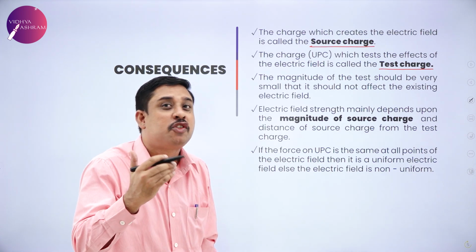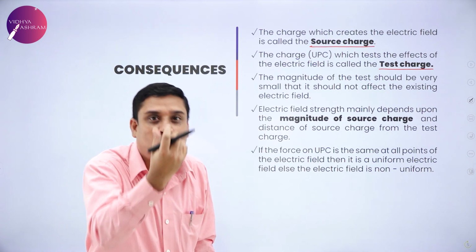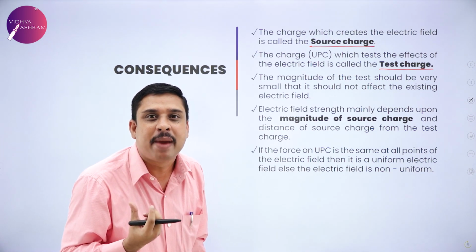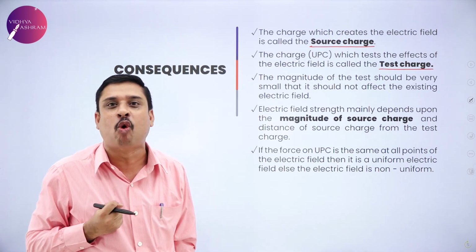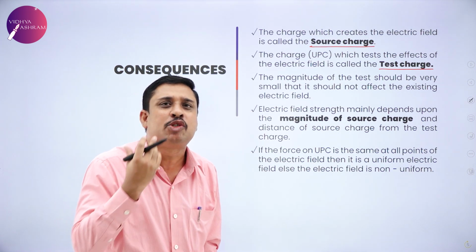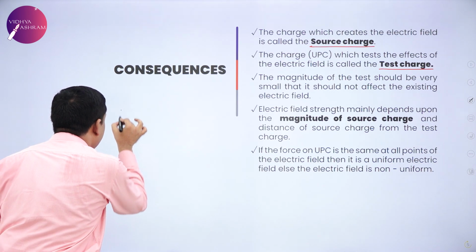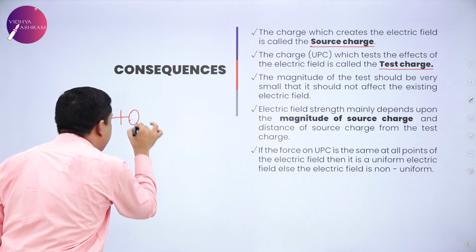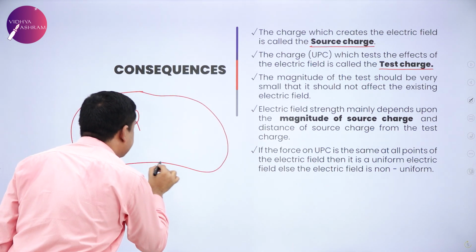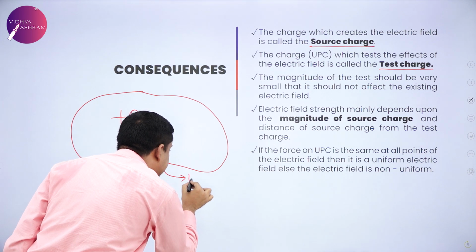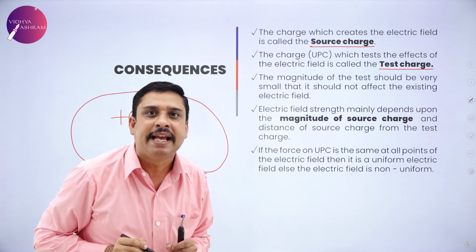What is the meaning of source? Something from which we get things. Sun is the main source of energy. We get things from the source. And what is the source charge therefore? Now I consider a point charge plus Q. Immediately there is a space or region surrounding it, what I call the electric field.